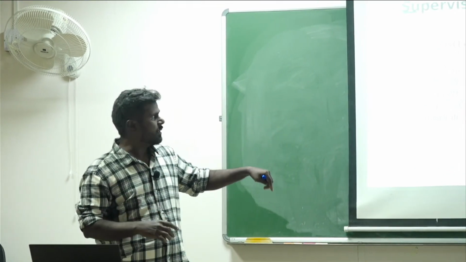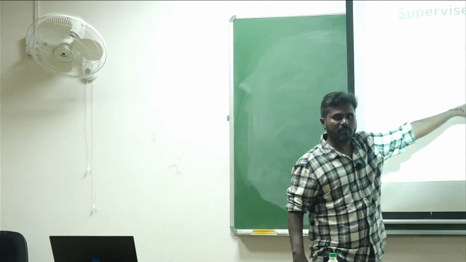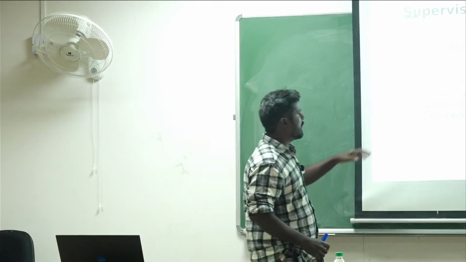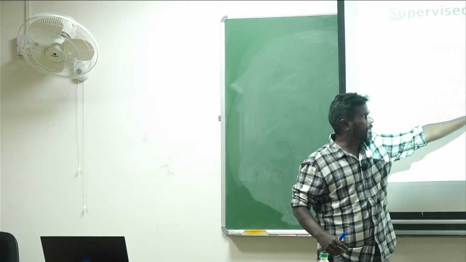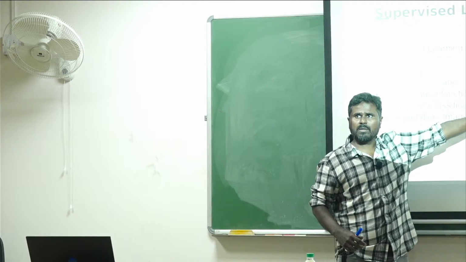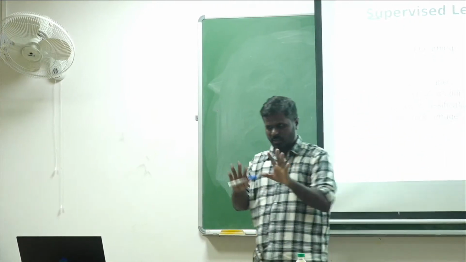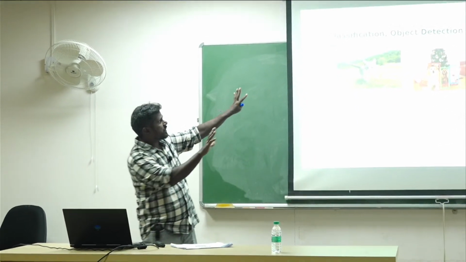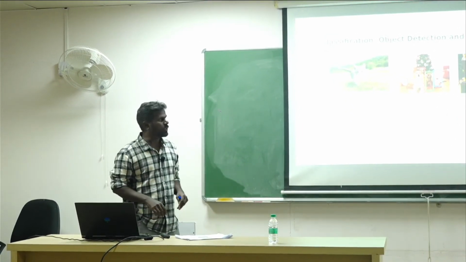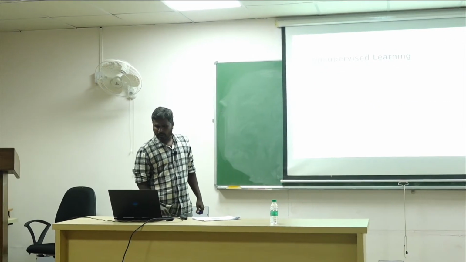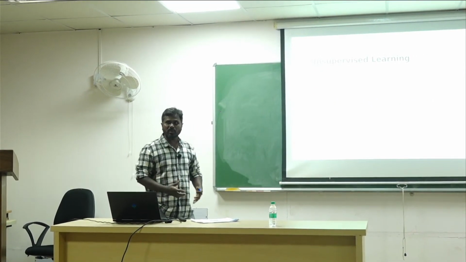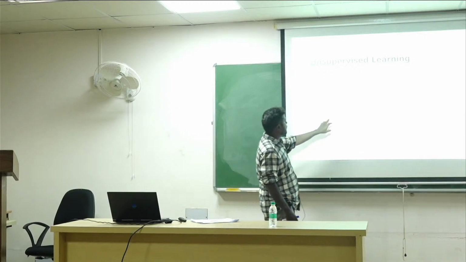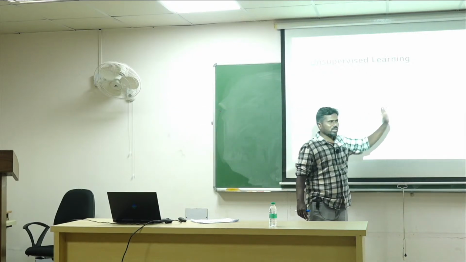Learn a function, which may be linear or non-linear, to map the feature vector to the label. And in unsupervised learning, you try to find the underlying hidden structure of the data.